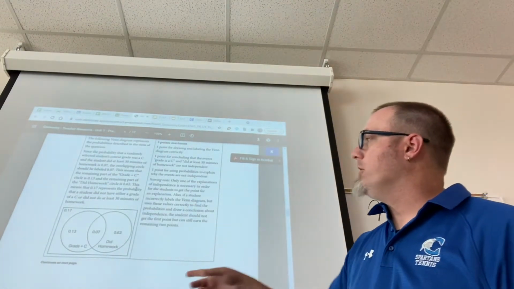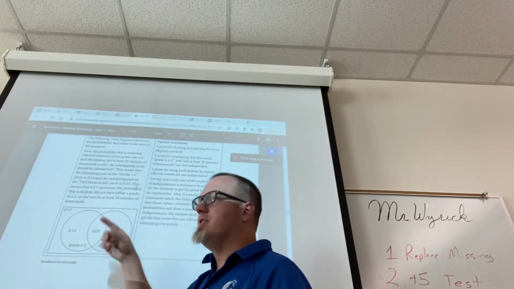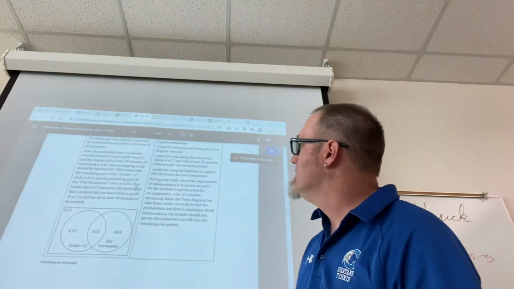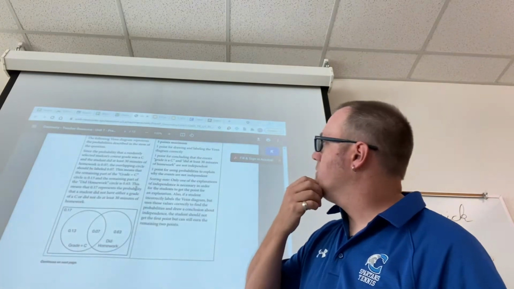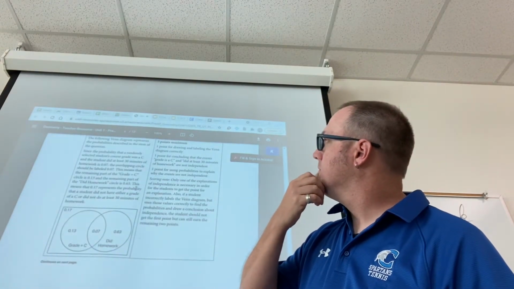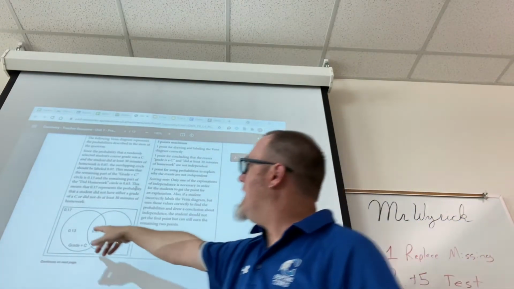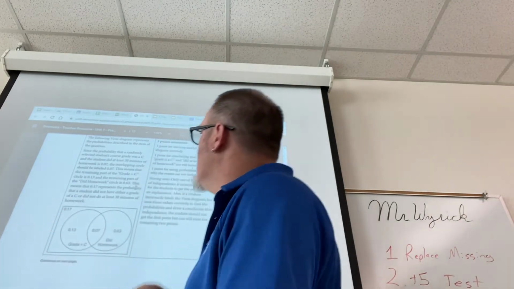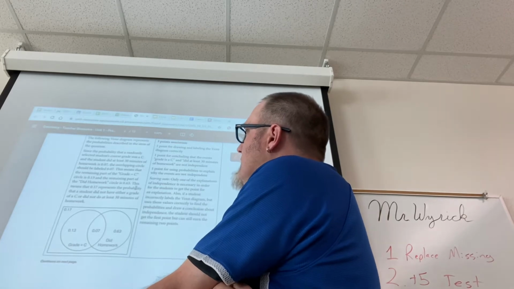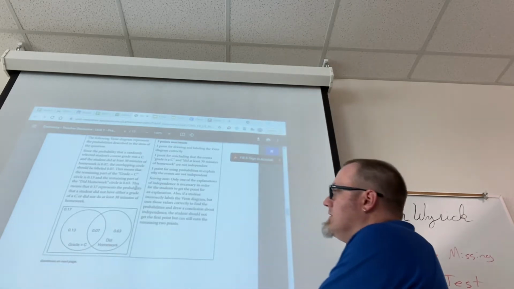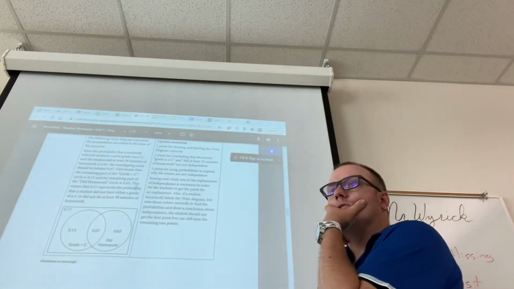So 1 point for having the correct Venn diagram with the labels. Oh, and then, what is it? You should have out here as well, what is that one? 0.17, which would be neither of these things.